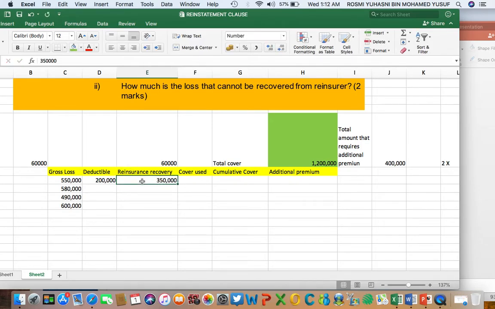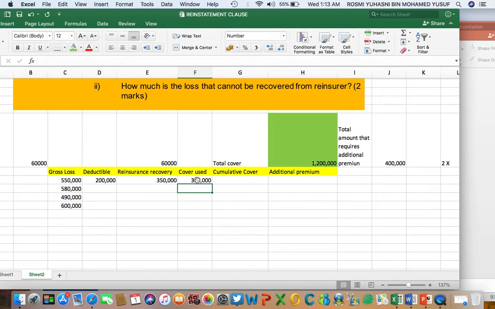This is the amount that the insurer is supposed to claim from the reinsurer. The insurer is entitled to claim this amount after the deduction of the deductible. So the cover used for the first claim is 350,000.